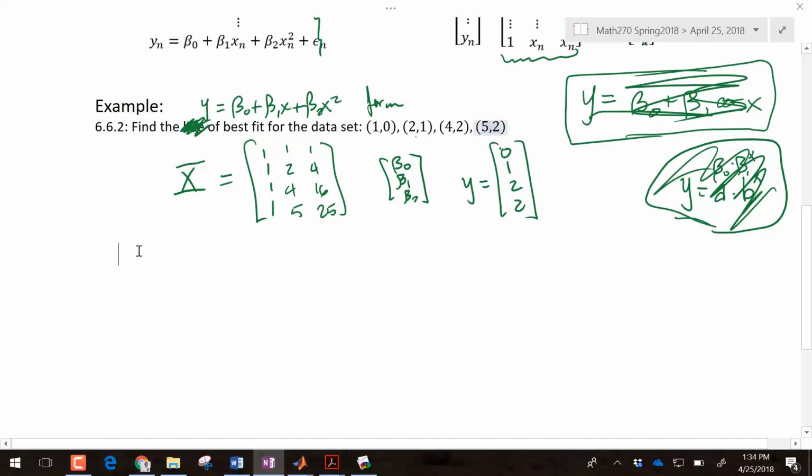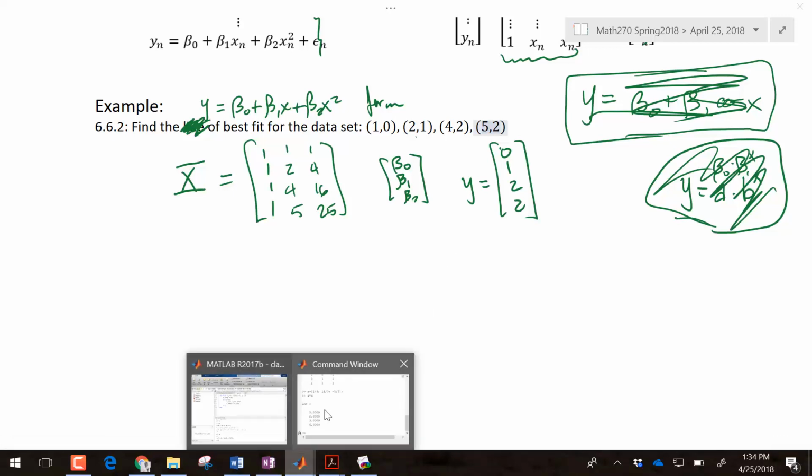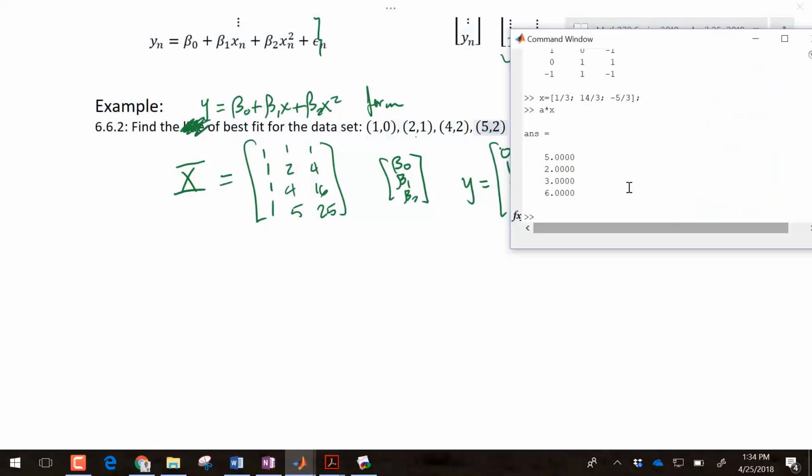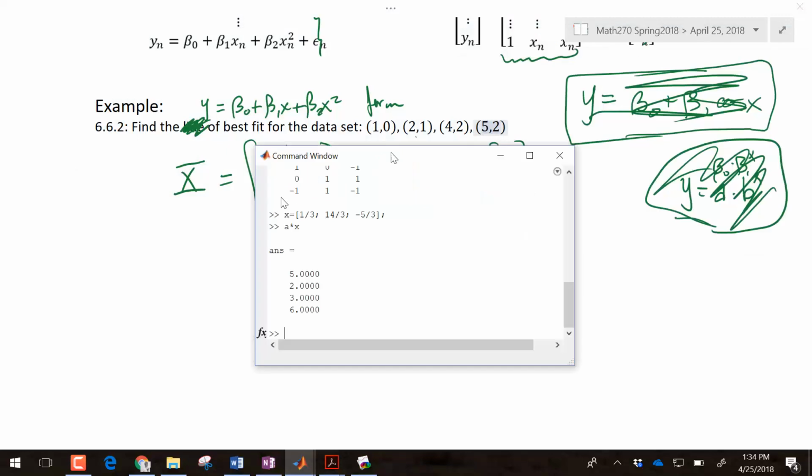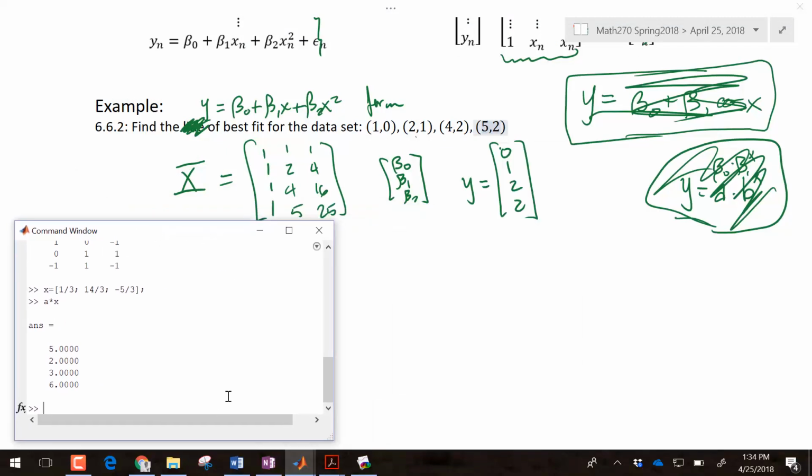Anyways, we have this matrix that I'm just going to go ahead and do on MATLAB. So our X matrix is going to be 1, 1, 1, 1, 2, 4, 1, 4, 16, 1, 5, 25.